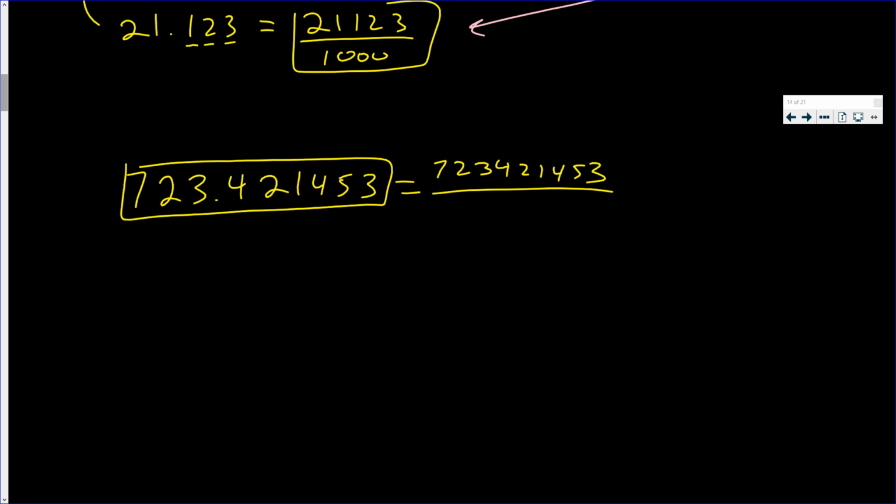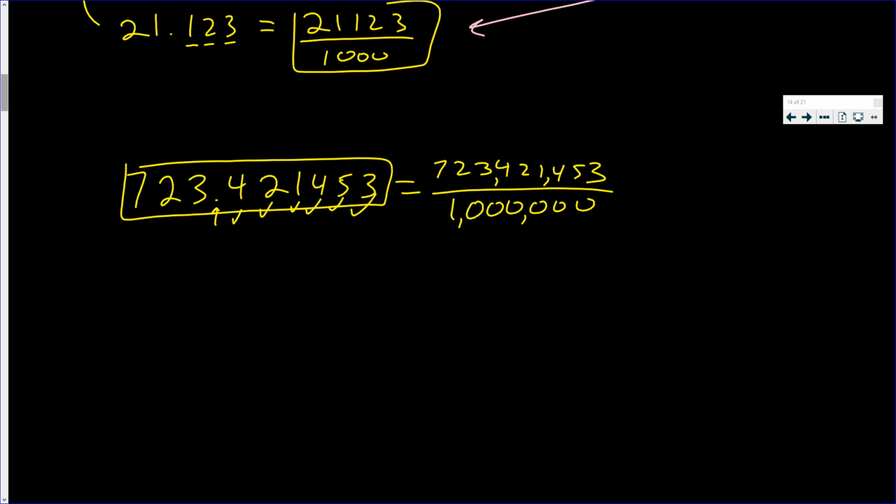I didn't even read it. I didn't even say it's 723,421,453. I just wrote it down without the decimal. And in the bottom is 1 followed by 1, 2, 3, 4, 5, 6 zeros. There it is. I'm done.